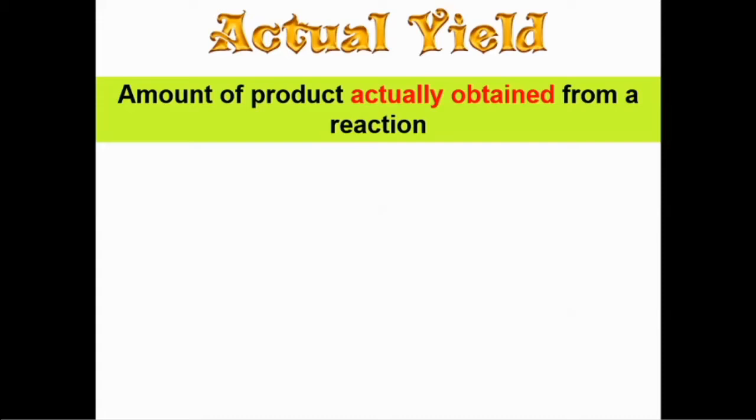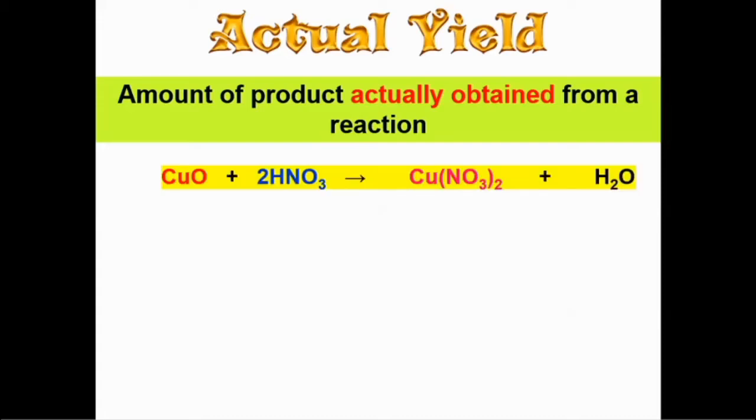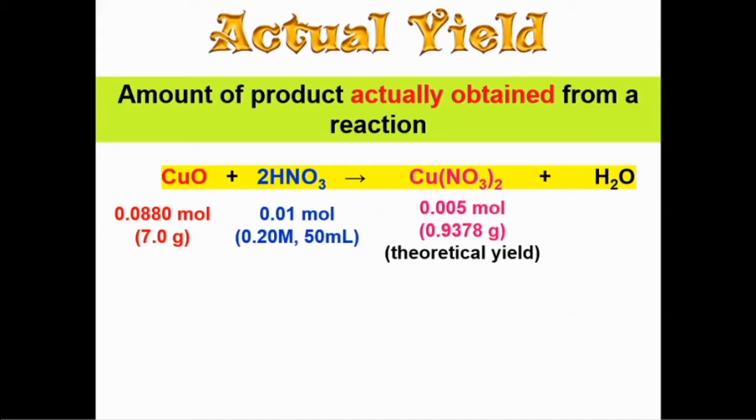For example, based on the theoretical yield just now, if we have 0.088 moles of copper(II) oxide and 0.01 mole of nitric acid, the amount of copper nitrate produced in this reaction should be 0.005 moles or 0.9378 grams.